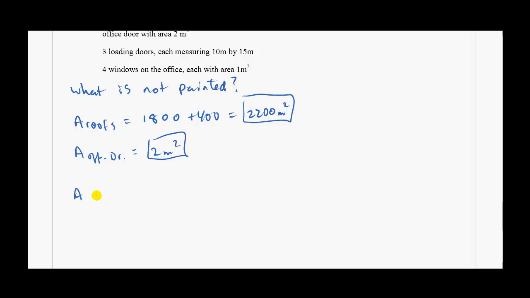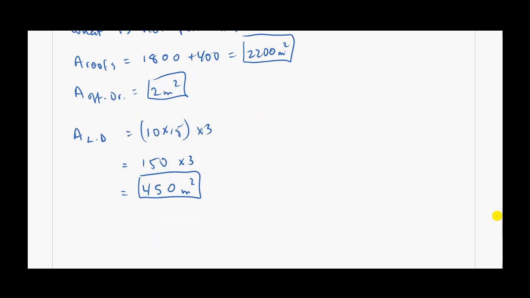The loading doors, LD for loading doors, these are 10 by 15. We're told that there are 3 of them for a total of 450 square meters. And the windows, area of the windows, they're each 1 square meter. We have 4 of them, 4 square meters in total.